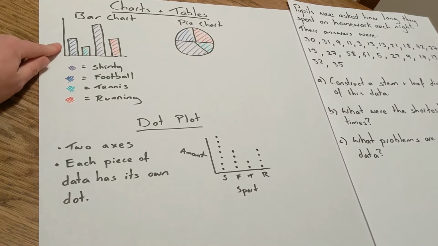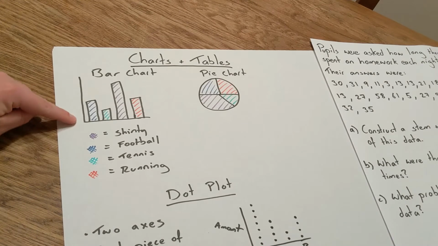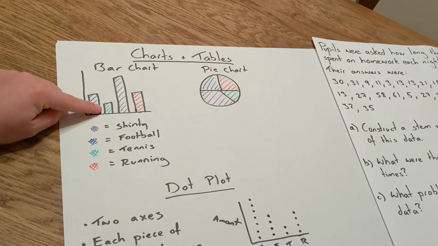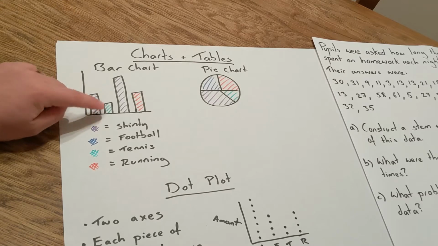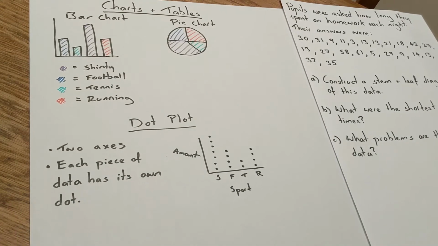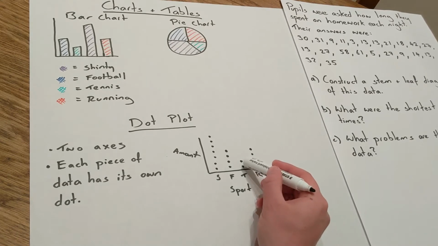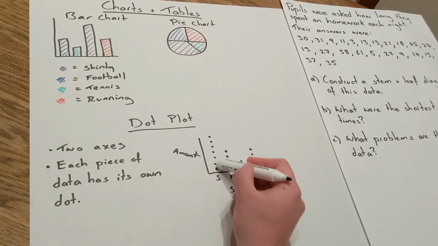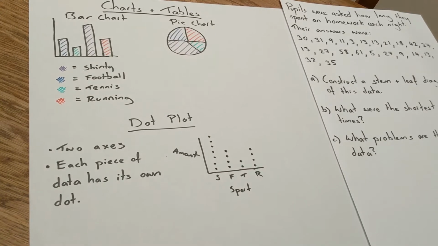So if we look at this bar chart again, because there's no information on this side here, we know that people hated tennis. Very few people liked it, but we don't know how many people that actually was. If we look at our dot plot, we know that that small amount of people liking tennis is actually 2 people. And we know that that loads of people liking shinty is 7 folk.